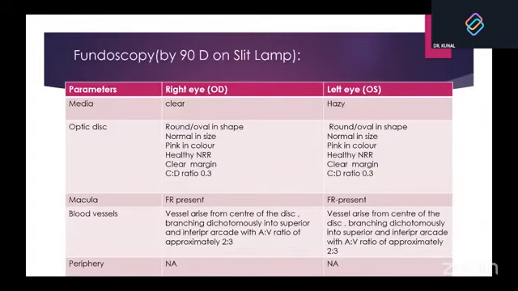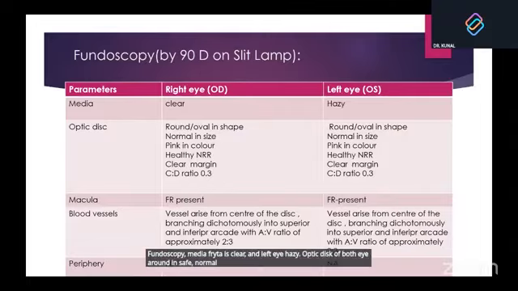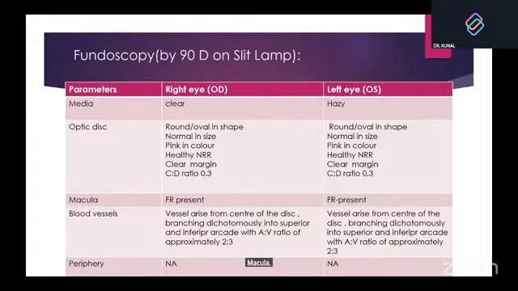On fundoscopy, media of right eye is clear and left eye hazy. Optic disc of both eyes are round in shape, normal in size, pink in color, healthy NRR, clear margin, CD ratio 0.3. Macula, both eyes FR present. Blood vessels, both eyes vessels arise from center of the optic disc, branching dichotomously into superior and inferior arcade with AV ratio of approximately 2:3.